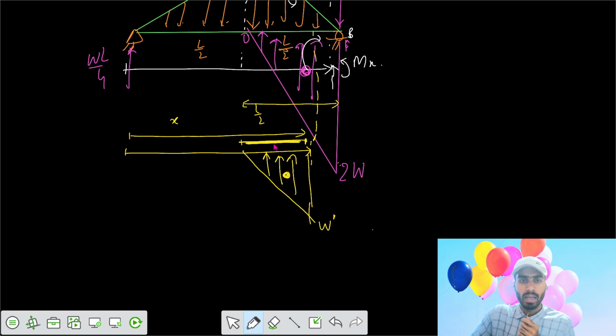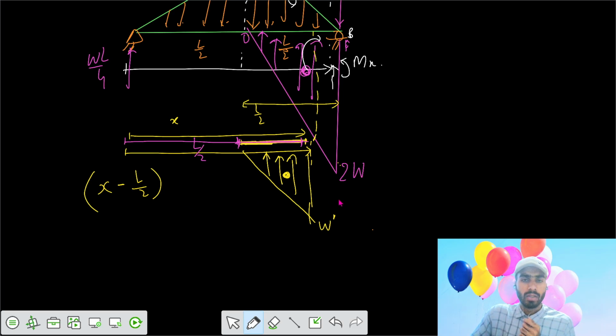Say total length was X. So this value would be equal to X minus L by 2, because your length from this part to this part is L by 2. So your loading is just for that total X minus L by 2.